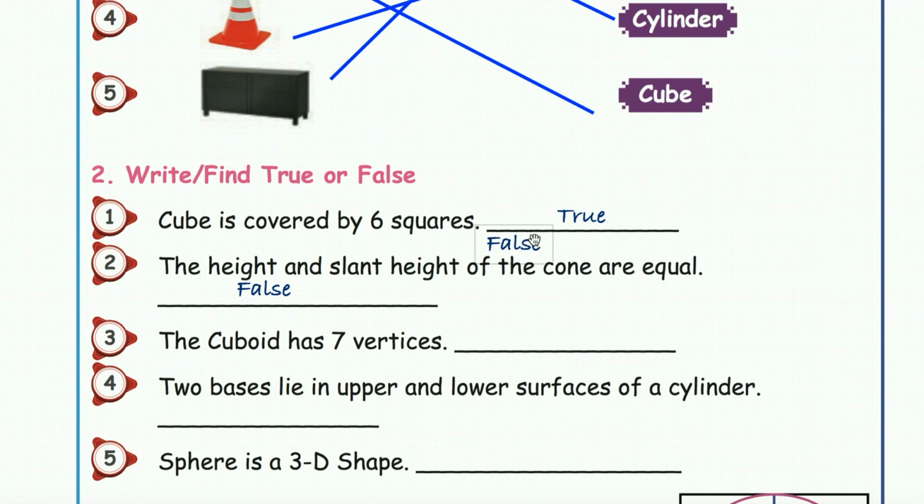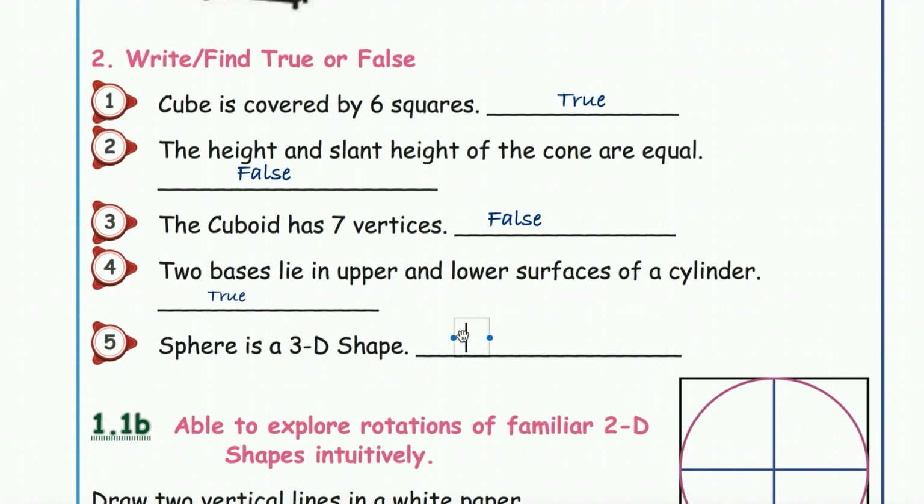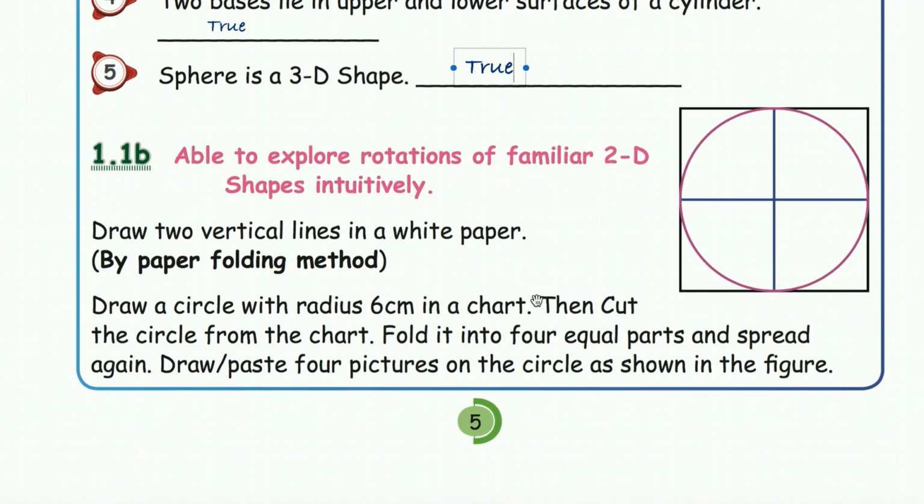You have to write either true or false. Two bases lie in upper and lower surface of a cylinder. That is true. Sphere is a 3D shape. True.